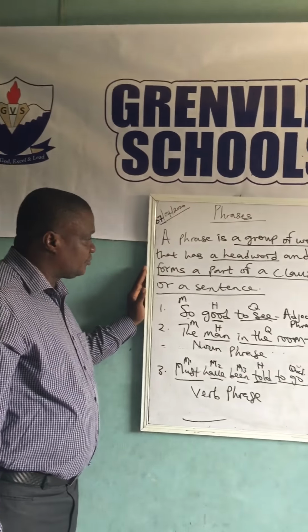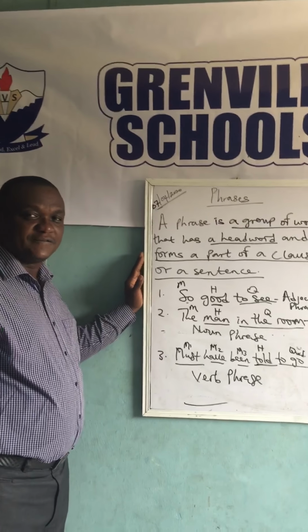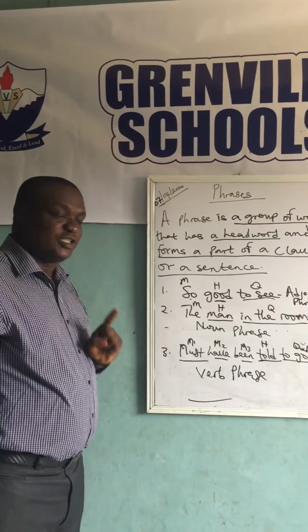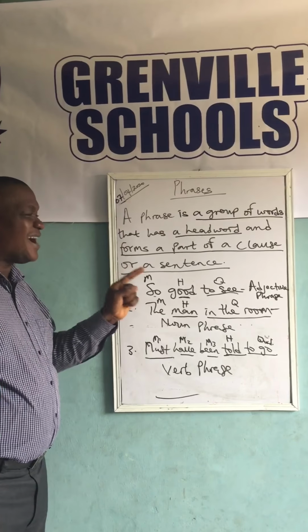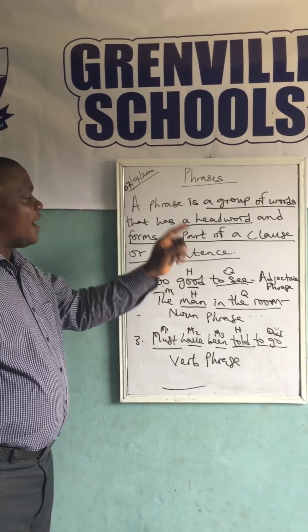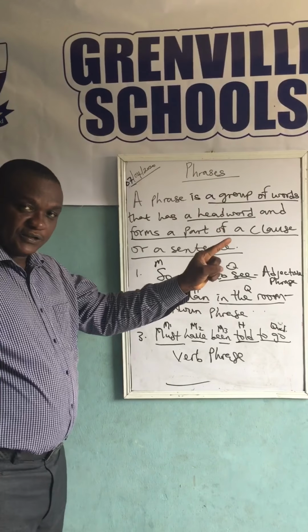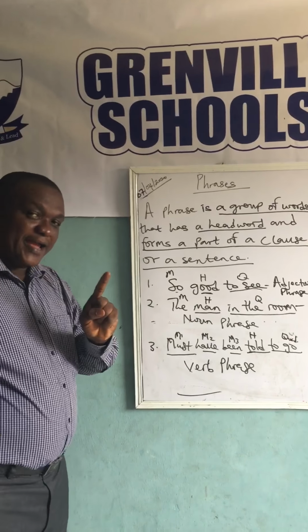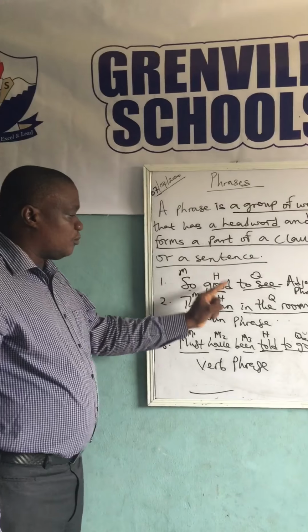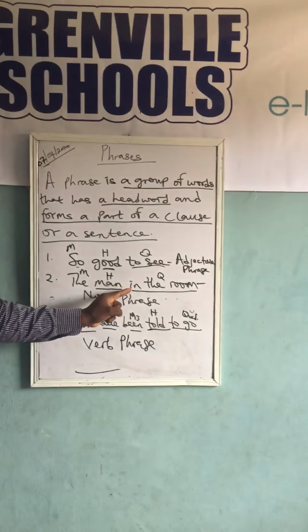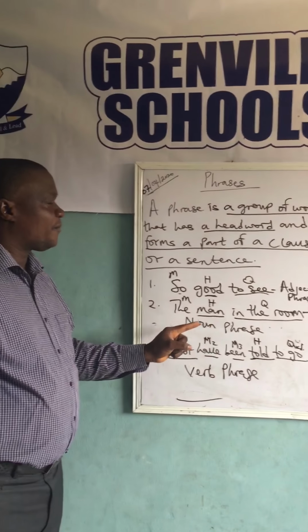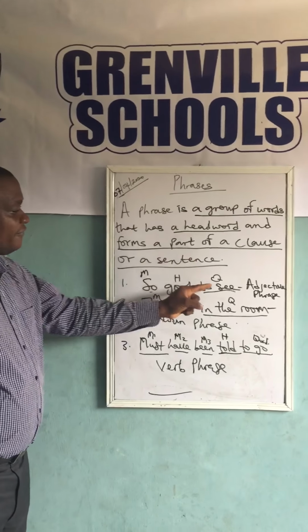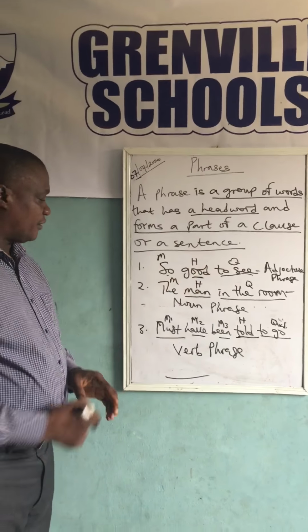That brings us to the end of this lesson. But there's one thing you must always remember. A phrase is a group of words that has a headword and forms part of a clause. Now, before I go, I'm going to use one of these to show that a phrase forms a part of a clause.